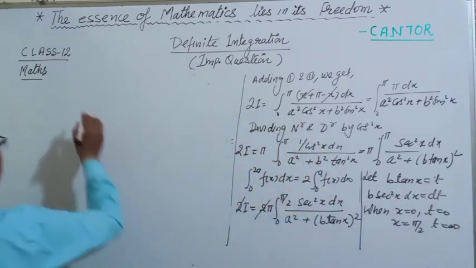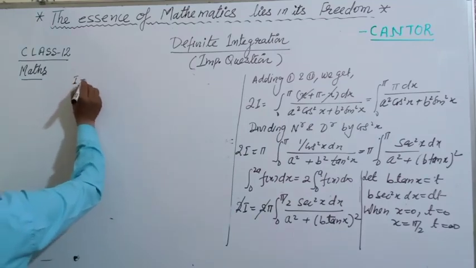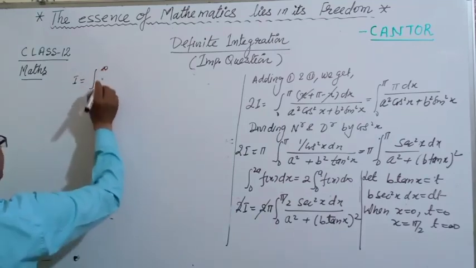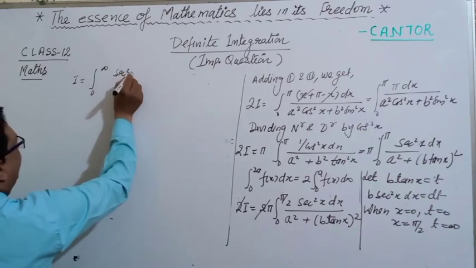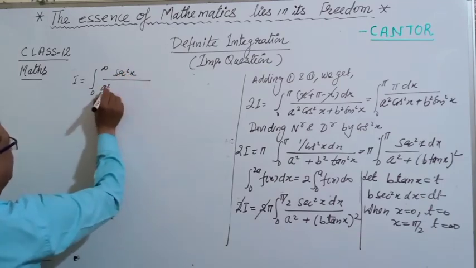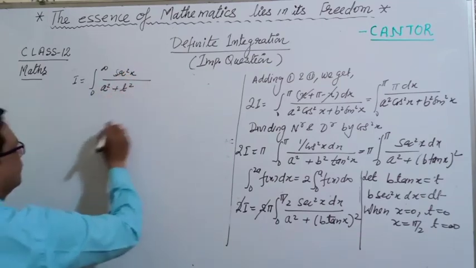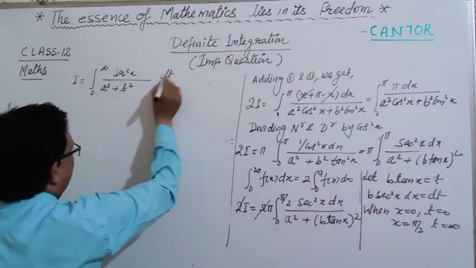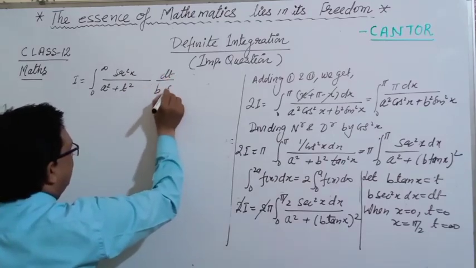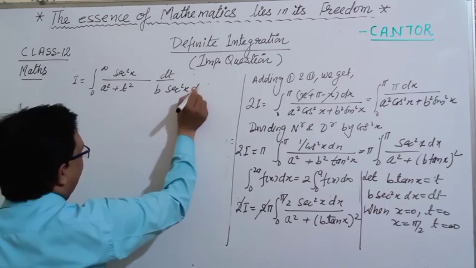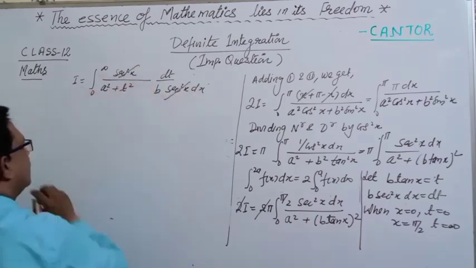So our integral becomes I is equal to the integral from 0 to infinity of sec square x over a square plus t square, dt upon b sec square x dx. This cancels out.